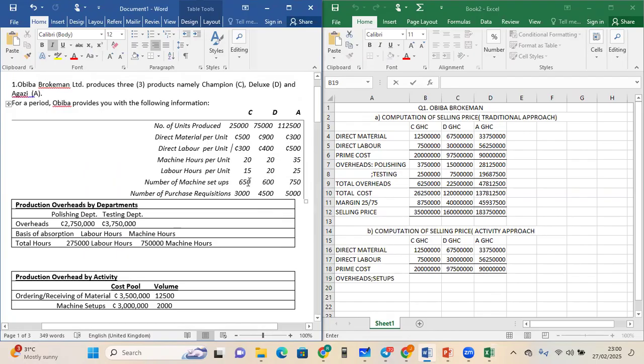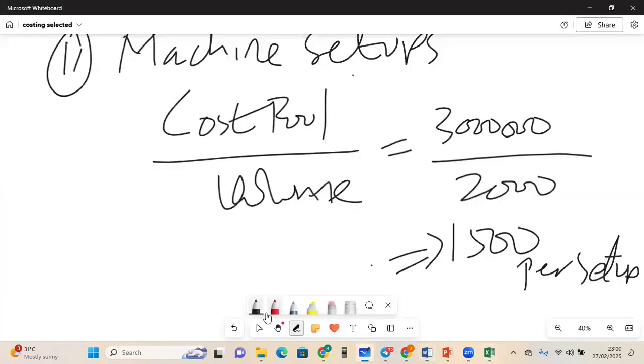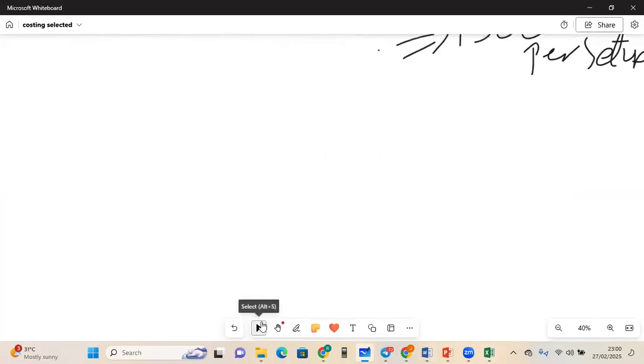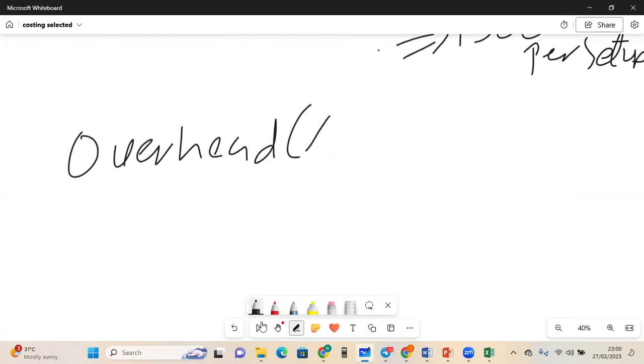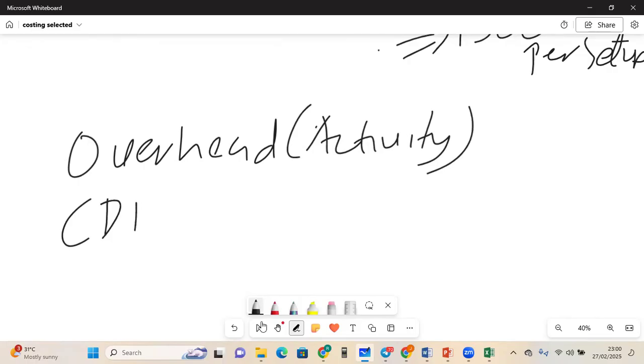So the cost driver rate we computed, we are going to multiply it by this. So activity is going to be the CDR rate multiplied by the actual setups. Here we are going to use machine setup.